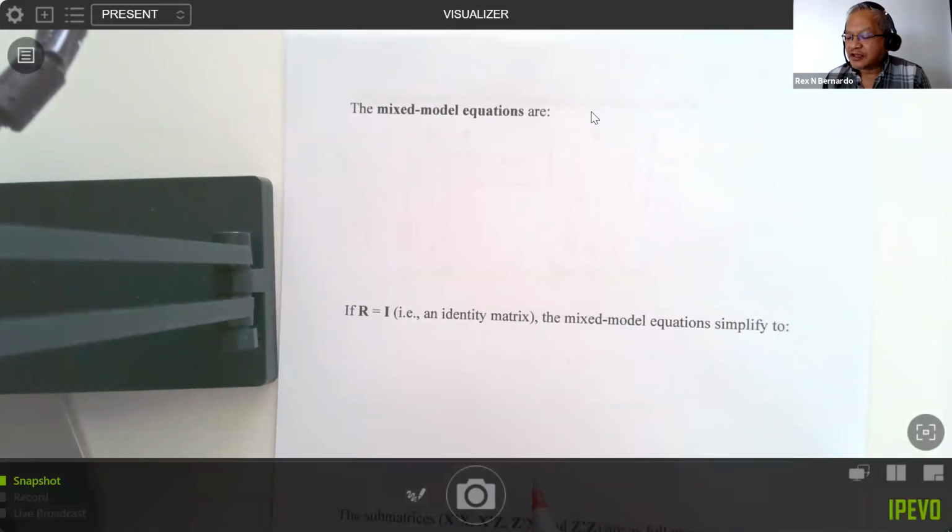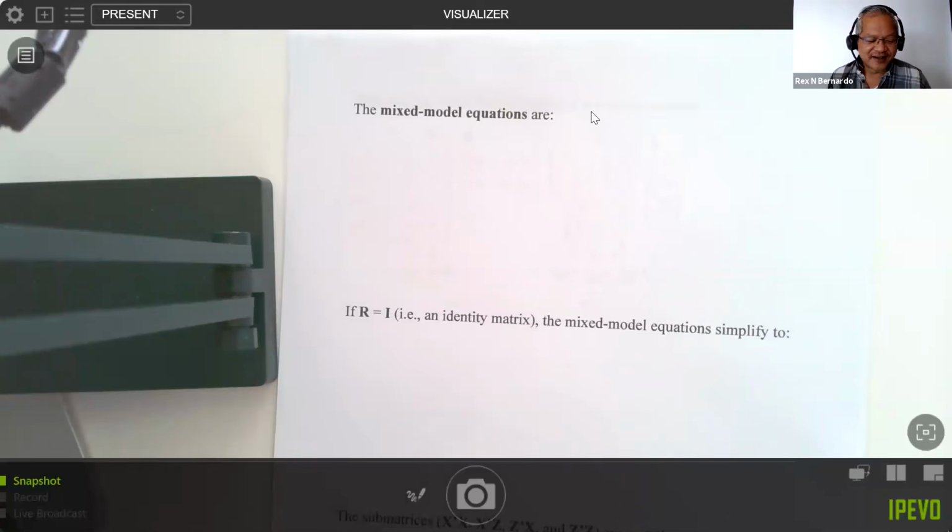However, I think as a pedagogical or teaching exercise, it's still helpful to go through how we set up these mixed model equations. Some of you might have been in seminars where you have seen mixed model equations and you freak out and get confused. There's no reason to be confused. It's not that hard, and we're going to show that here in a few minutes.